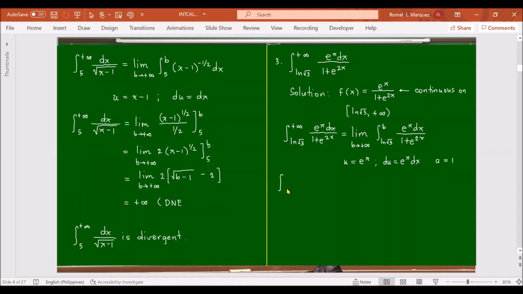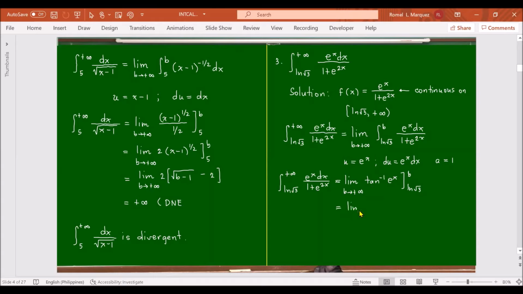So getting the integral from ln square root of 3 to positive infinity of e to the x dx over 1 plus e to the 2x is equal to the limit as b approaches positive infinity of, so we have 1 over a, 1 over 1, inverse tangent of u, which is e to the x over 1, evaluated from ln square root of 3 to b, no? Okay?